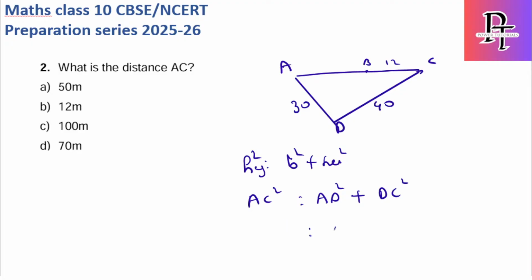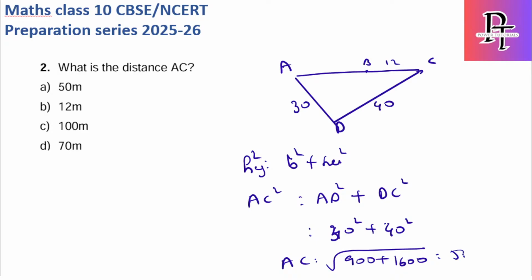So DC is 40 square, AD is 30 square. 30 square plus 40 square. So AC value will become root of 900 plus 1600, which is root of 2500, which is 50 meters. So I got the AC value as 50.